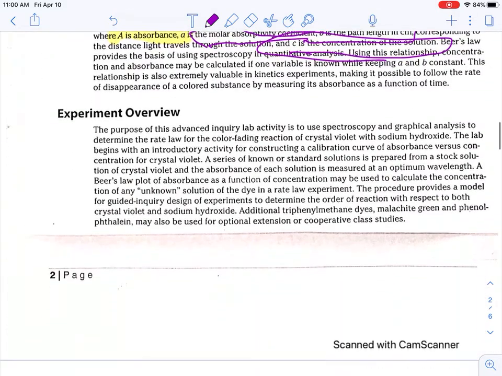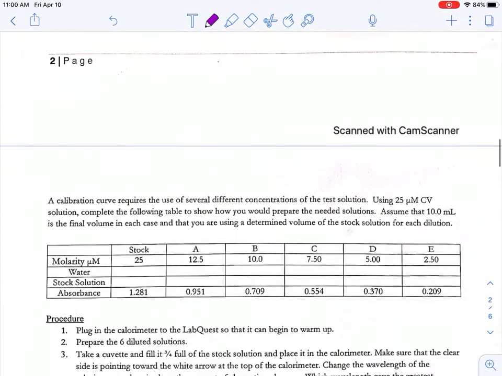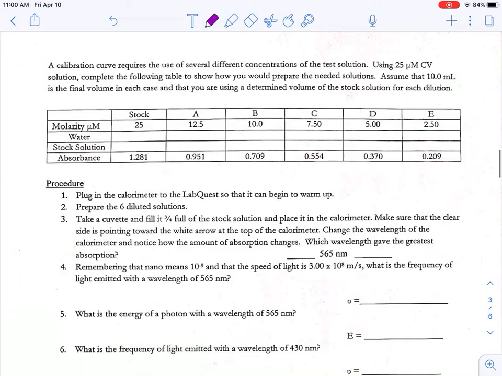There are two main parts to this lab. The first thing that I did, and this is what you all need to fill in, is figure out how much water and crystal violet solution I had to mix up to prepare these solutions.